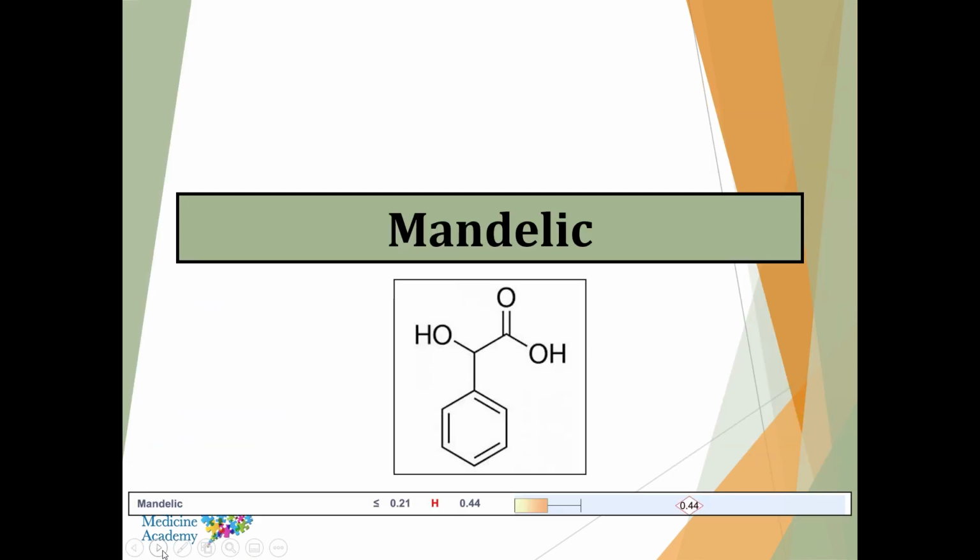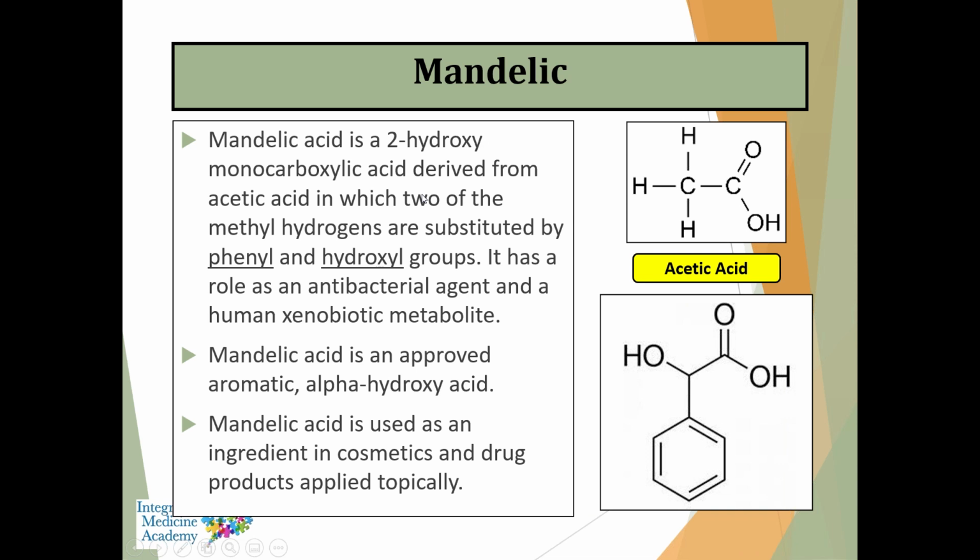Well, mandelic is interesting because of any marker you see on the organic acid test under the amino acid metabolites, if anything tends to show up most commonly, which isn't that common, it's mandelic. And mandelic, being derived from acetic acid, is a known xenobiotic metabolite. So it's something that can come from chemical exposure.